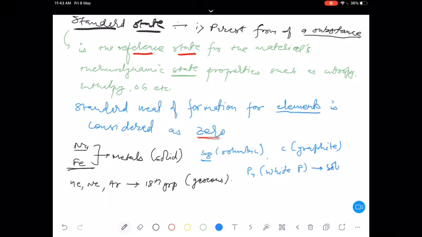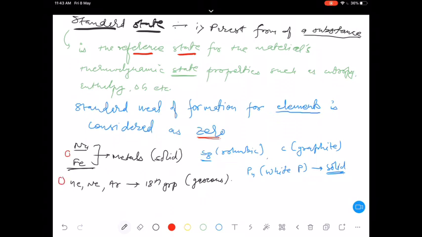In solid state, that will be the standard state for these. That will be coming out to be 0, 0 and 0.